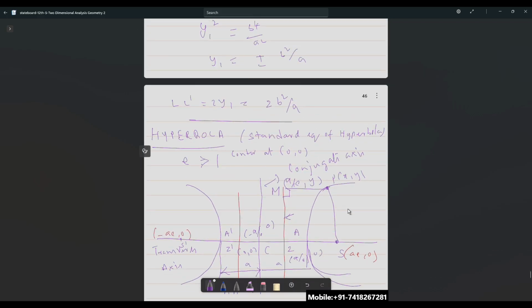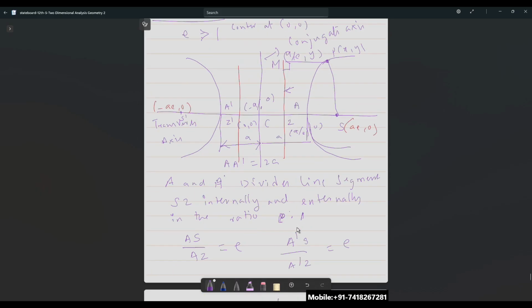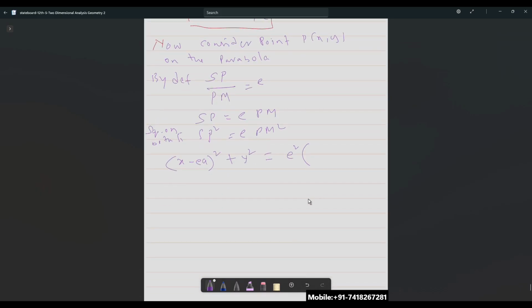So you'll have (x minus a by e) whole square plus 0. So (x minus ae) whole square plus y square is equal to e square (x minus a by e) whole square. So we need to do the simplification.